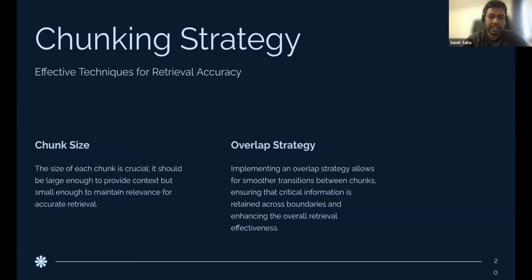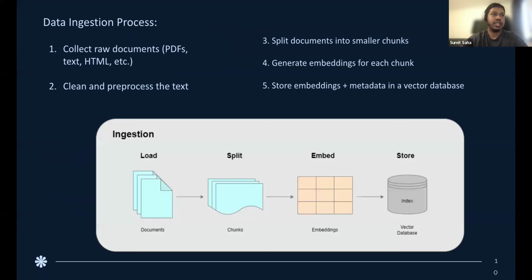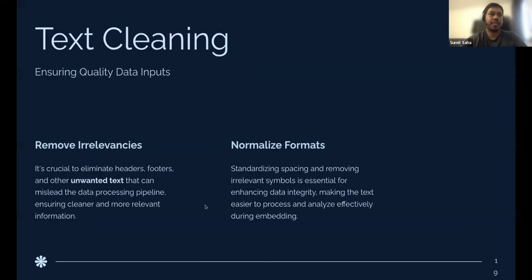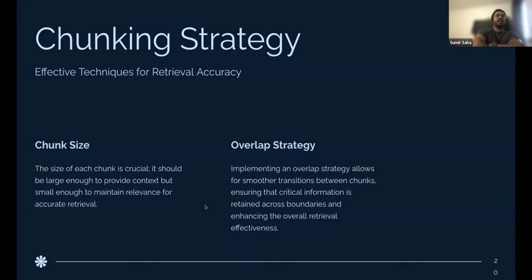Now comes chunking. As we see in the picture, we first load and clean up, and then we split the data into chunks. The chunks should be made intelligently. The accuracy of our RAG system also depends a lot on this chunking.